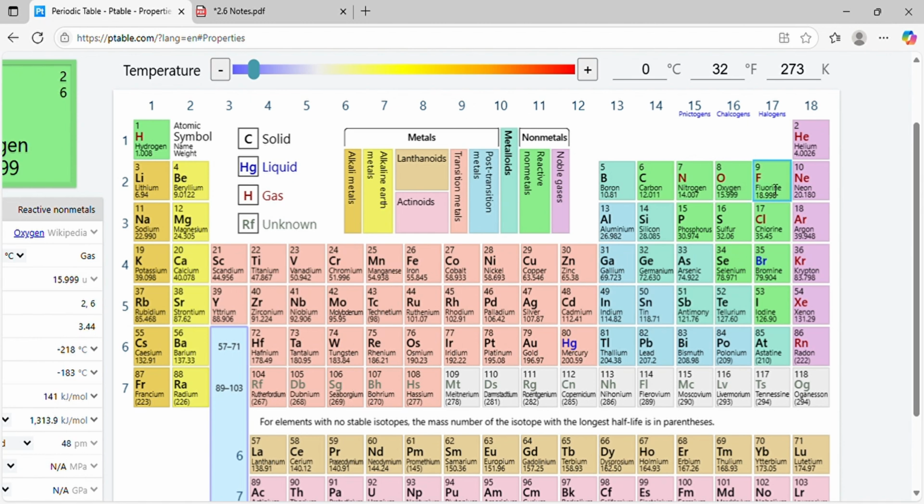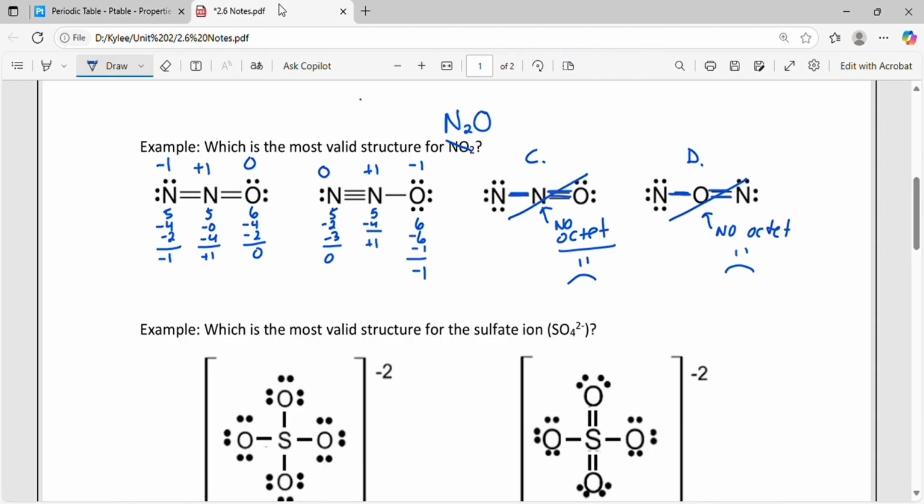Again, the closer we get to fluorine, the more electronegative you are. So in this case, I would choose structure 2. If this was multiple choice, maybe this is B and this was A. And the reason I chose that one is because it's going to put this -1 on the most electronegative atom. So that's why I chose that.